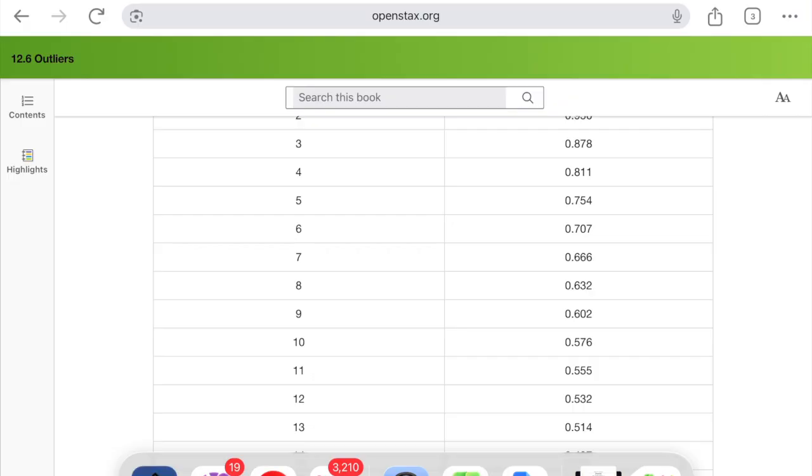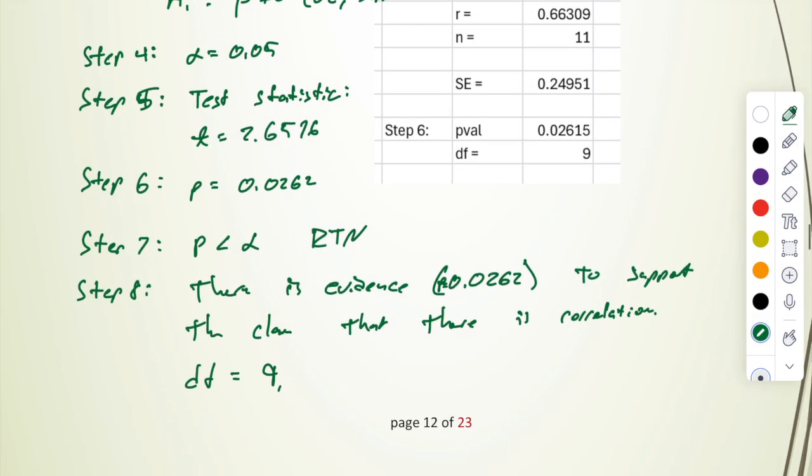And so that's 0.602, negative there, positive here. And if my r is within that, then it's not significant. But if my r is outside of that, right, then it is significant.